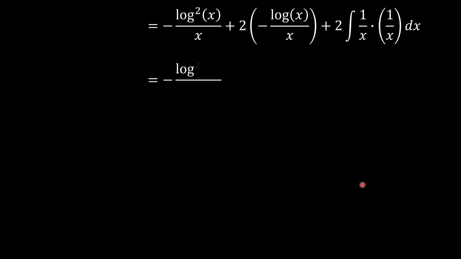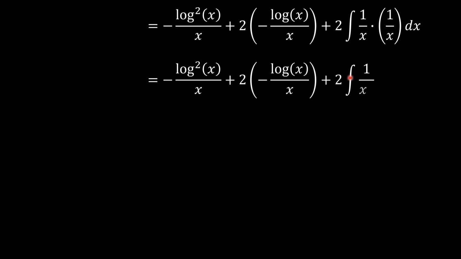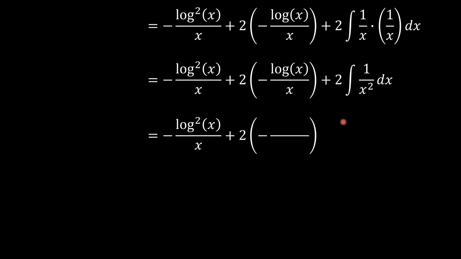This becomes an easy integral now to solve, because now we have the integral of 1 over x squared, and there's obviously a 2 here which we had forgotten, which we need to remember. So we have 1 over x squared integrated is negative 1 over x, and the integration constant obviously needs to be remembered.